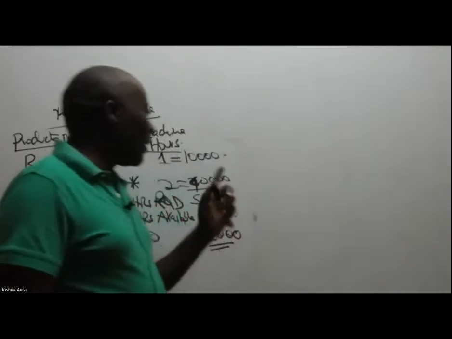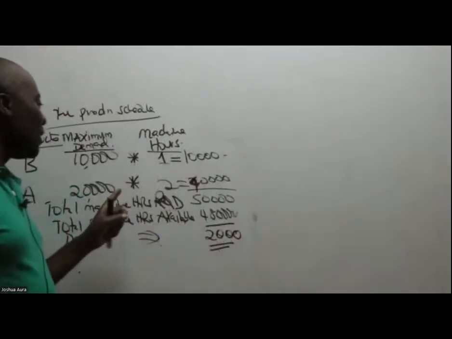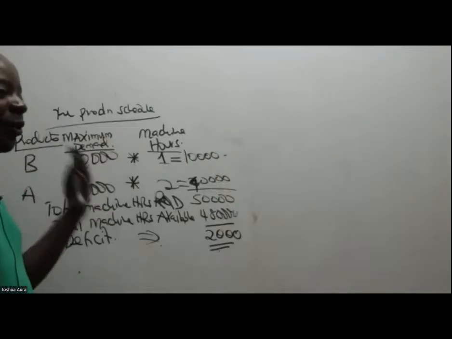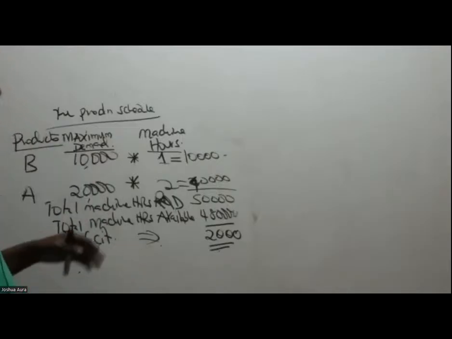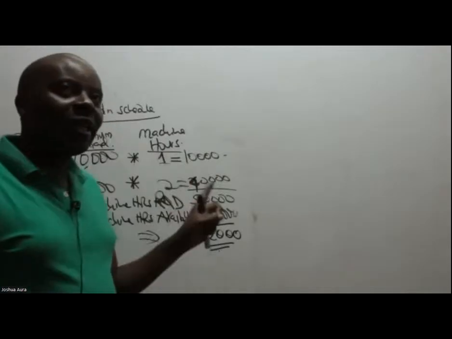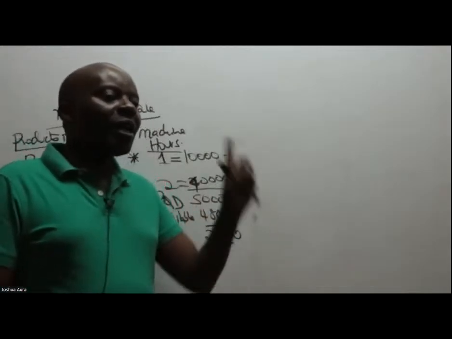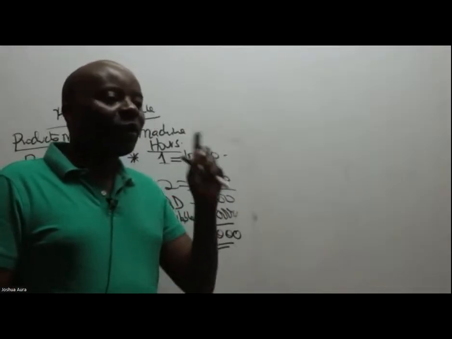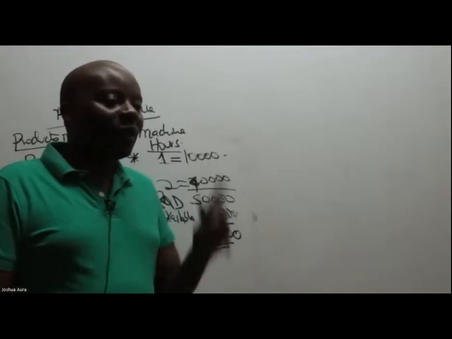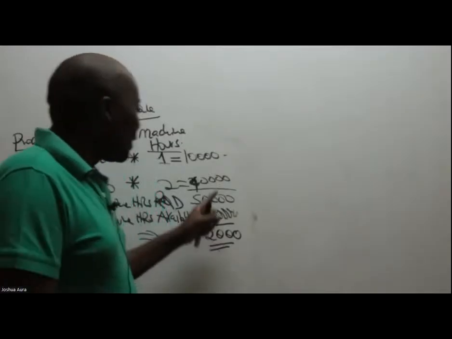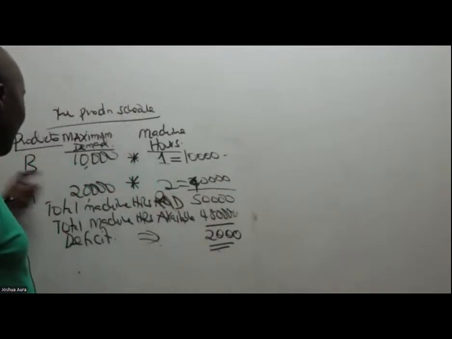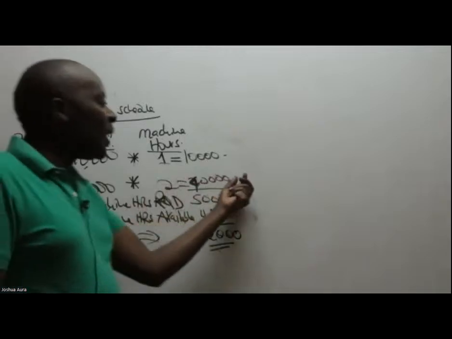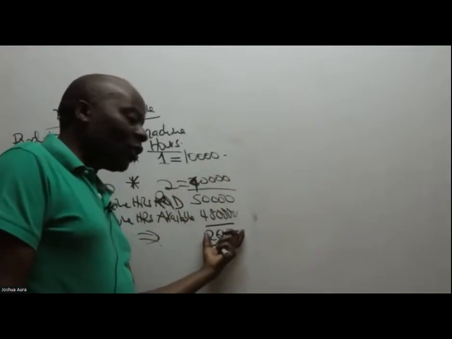But remember that the one that you shall always give priority is the one that was ranked first. So when you're returning goods, you always start by returning the goods of the product which was least ranked. The one that is least ranked here is product A. So this is where I will snatch the deficit resources.